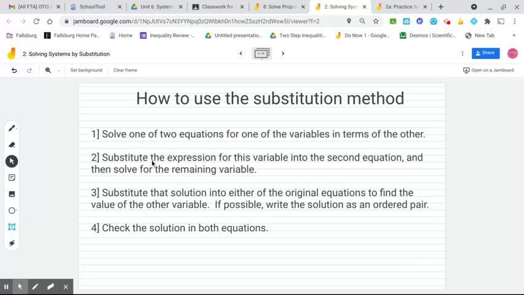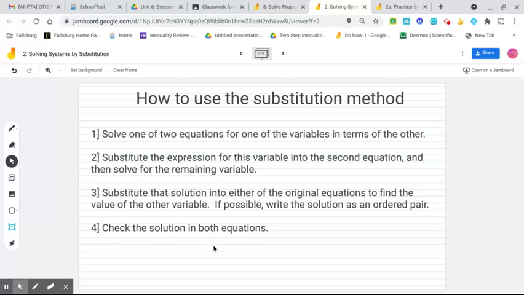Second, you want to substitute whatever you solved for, either x or y, into the other equation, okay? And you're going to solve for the remaining variable. Once you get your x or your y, you plug it into the other equation, and that will give you both the x and y values, and you're going to write your solution as an ordered pair.